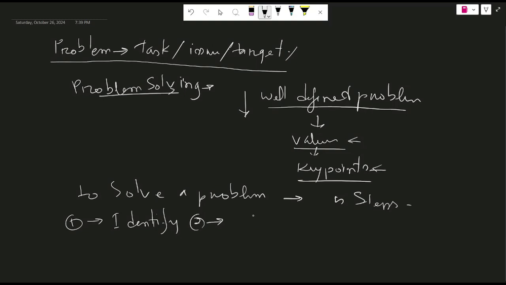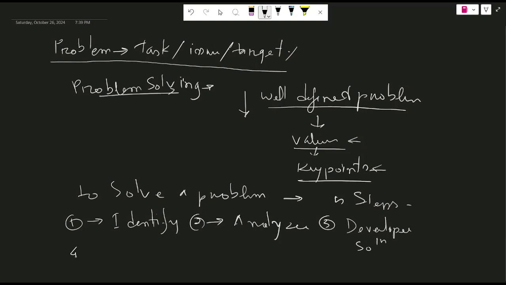Second, analyze the problem. Third, develop a solution.